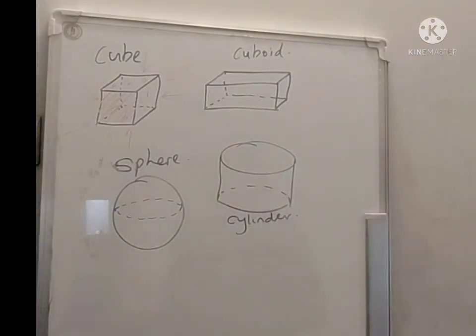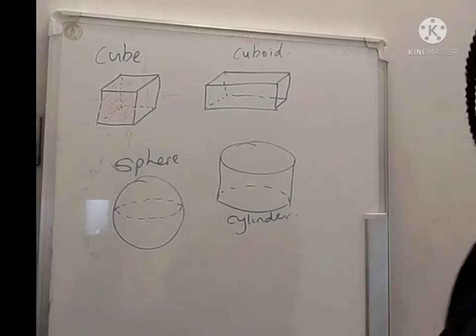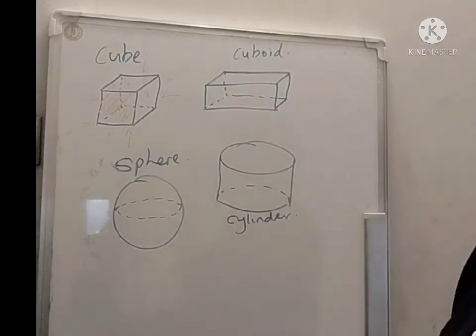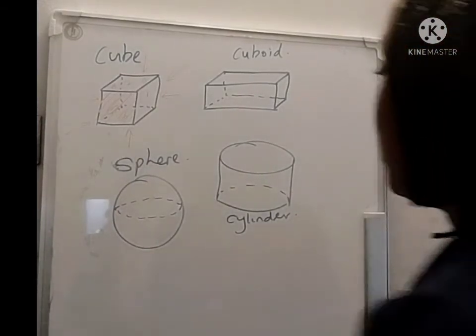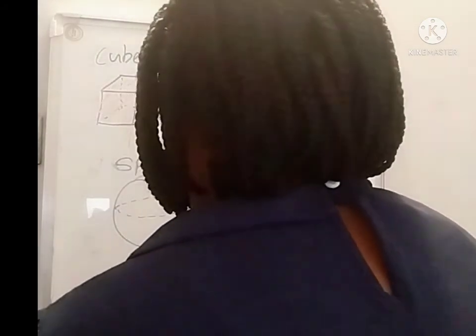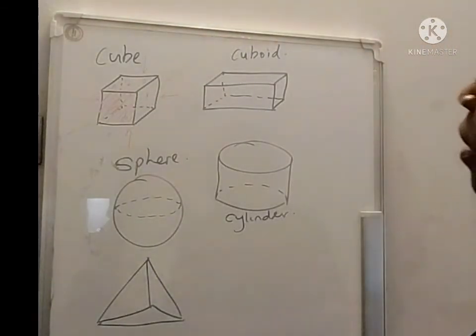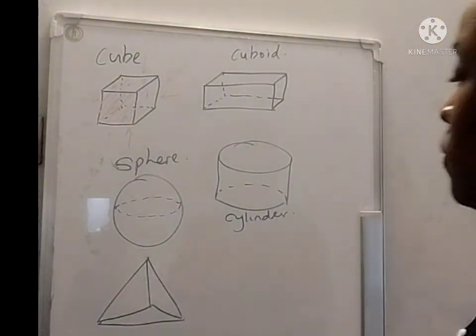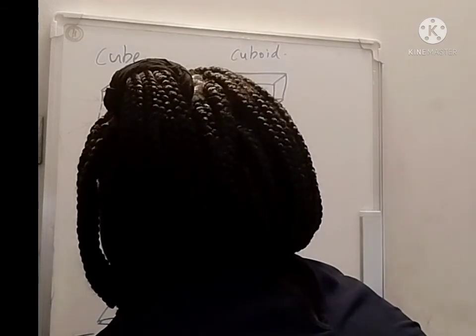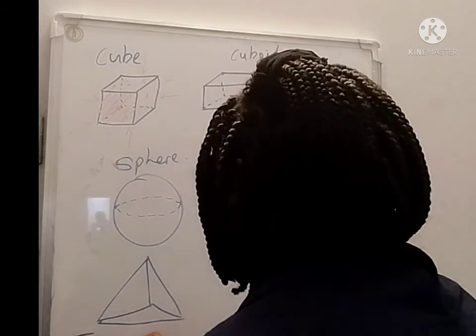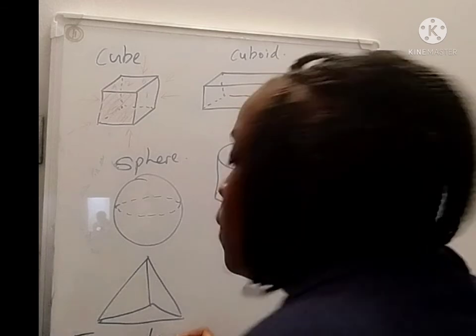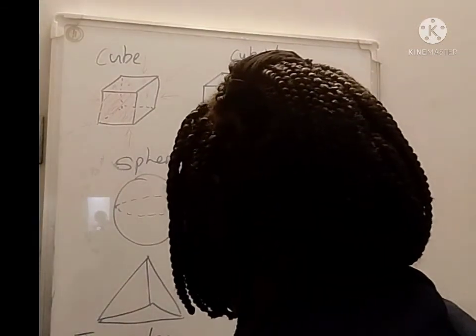Then we have a pyramid. We have a triangular pyramid and a square pyramid. In a triangular pyramid, the base of this object is a triangle.